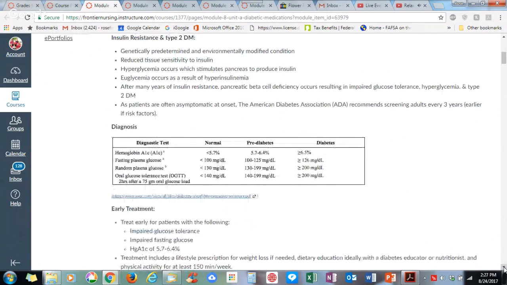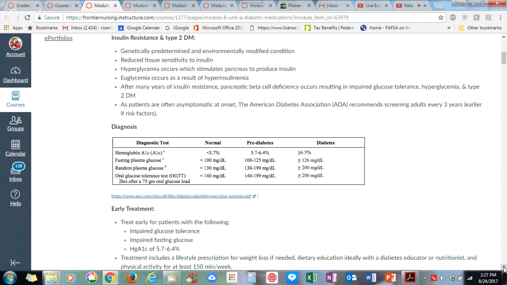Insulin resistance and type 2 diabetes: a genetically predetermined and environmentally modified condition. Reduced tissue sensitivity to insulin. Hyperglycemia occurs, which stimulates the pancreas to produce insulin. Euglycemia results as a result of hyperinsulinemia.